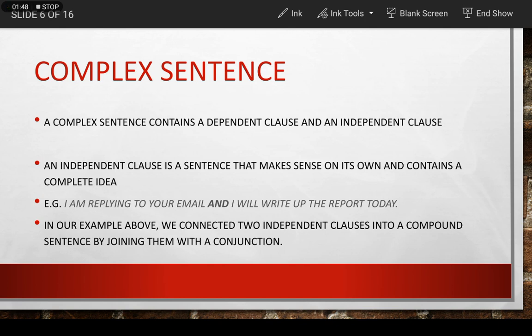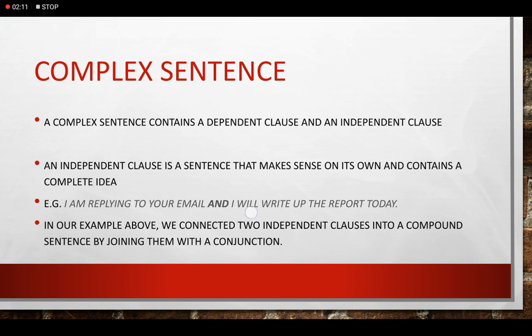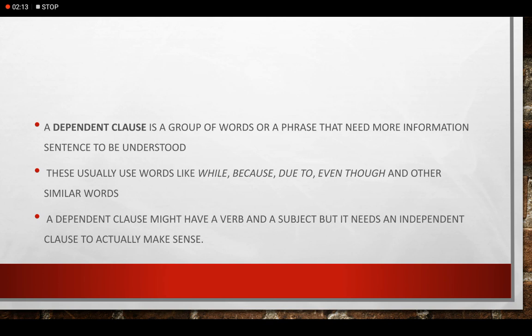In the previous example, we see that these two sentences, or two independent clauses, form their own idea. It makes complete sense. We get a complete idea and they are joined by a conjunction and it has transformed into a compound sentence. But this is not the case for a complex sentence.